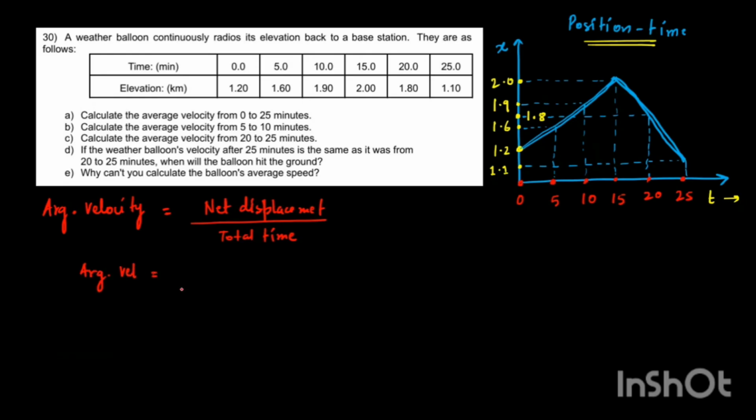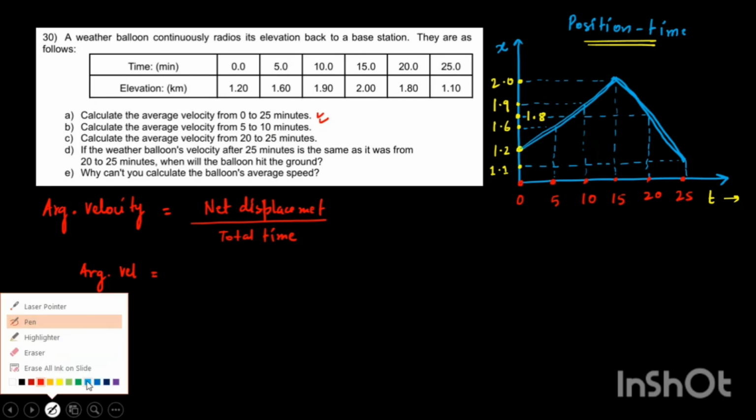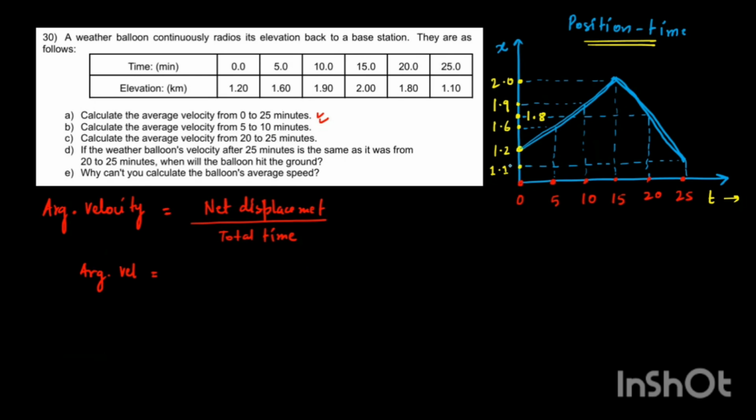So what is the net displacement here from 0 to 25 minutes? You can figure it out very easily now. During the total time 0 to 25, what is the net displacement?